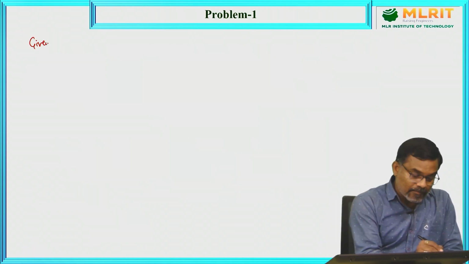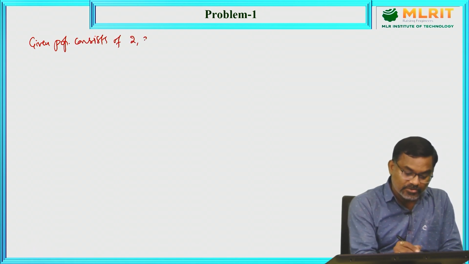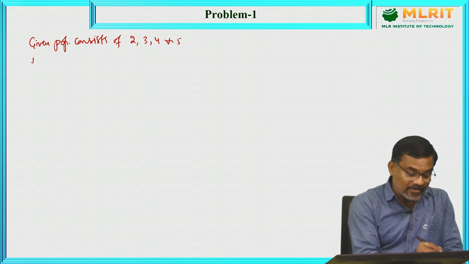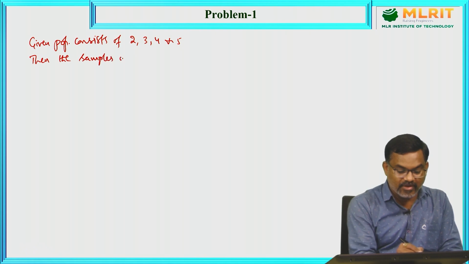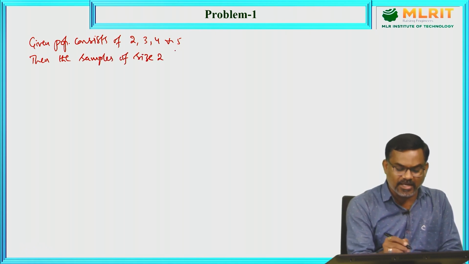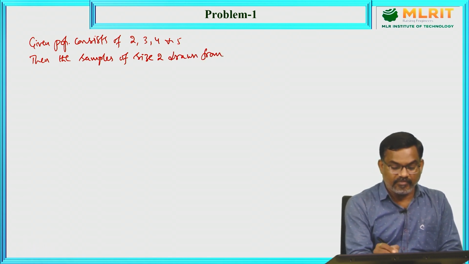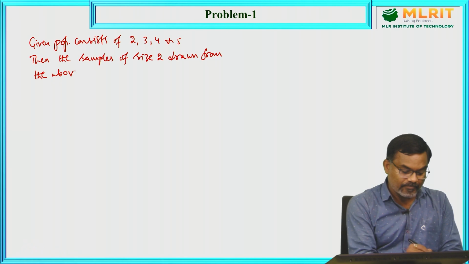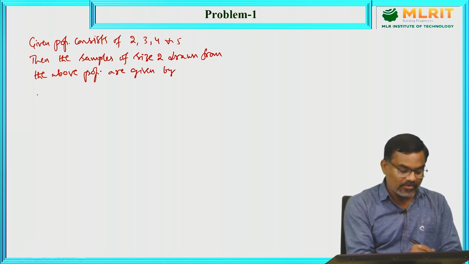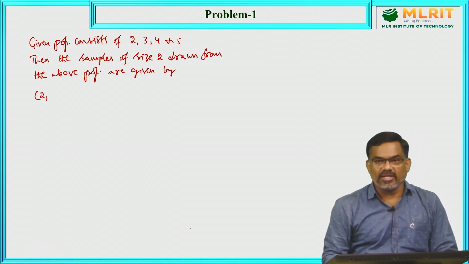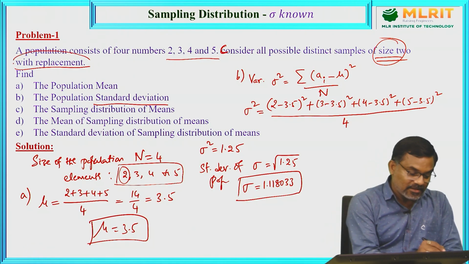So, the given population consists of 2, 3, 4 and 5, then the samples of size 2 drawn from the above population are given by, now let us consider the element 2 from the population, and here the question is with replacement.